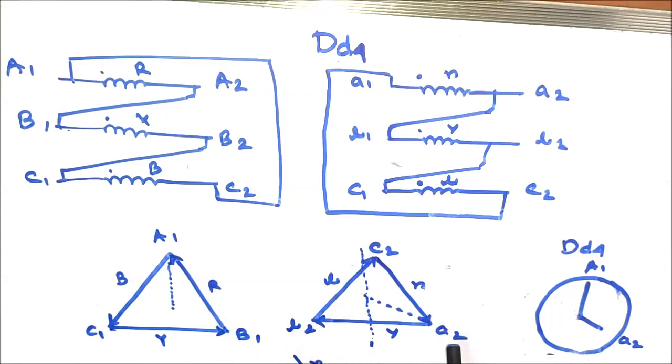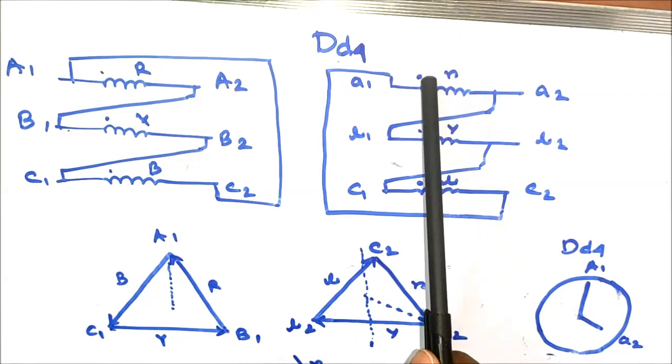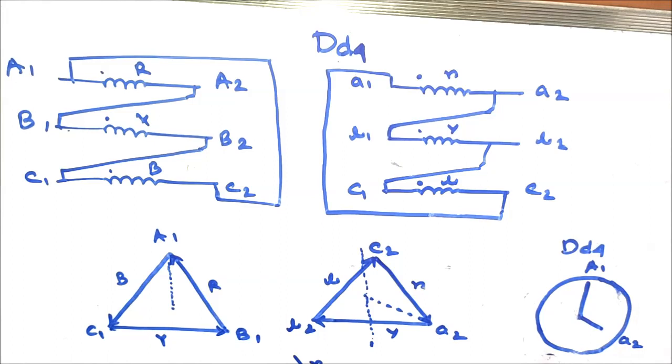In between A2 and C2 there exists the red phase coil, in between B2 and A2 the Y phase coil, and in between B2 and C2 the blue phase coil.